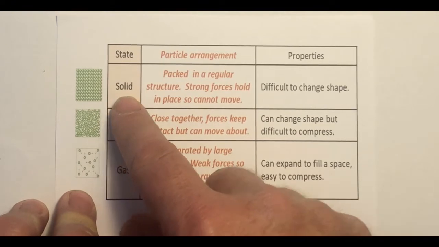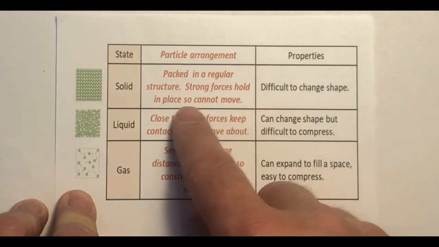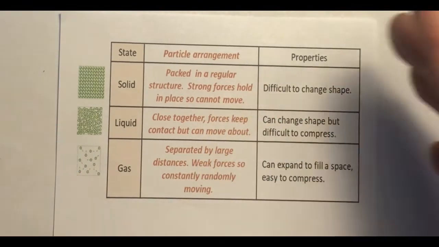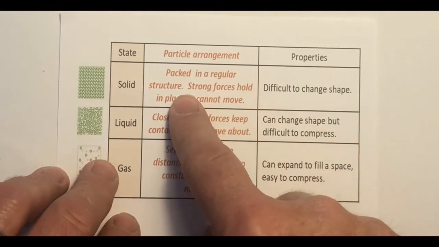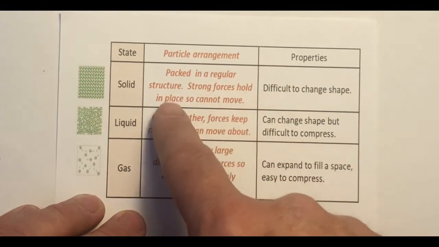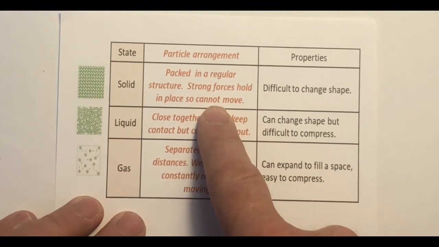A solid is packed in a regular structure, with strong forces holding the particles in place so they cannot move. If you had a big tub and threw in a load of marbles, they would pack in a regular structure, and gravity holding it all together would be the strong forces, so they cannot move.